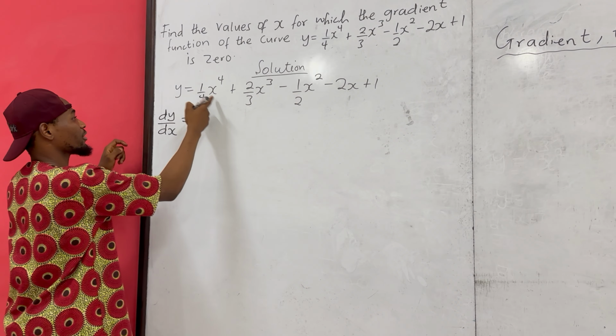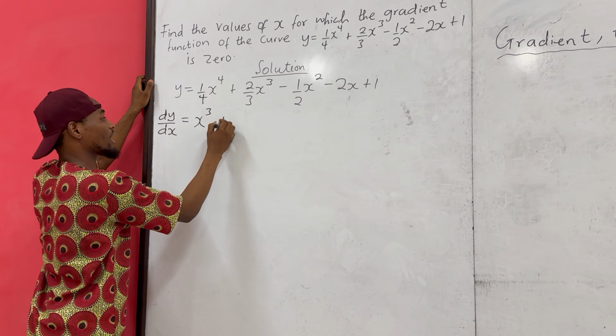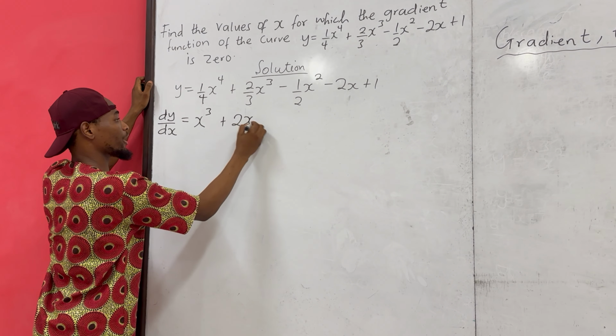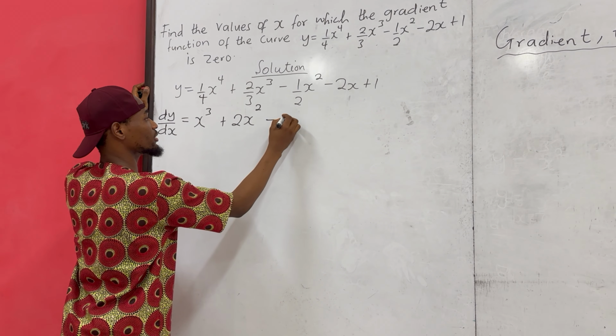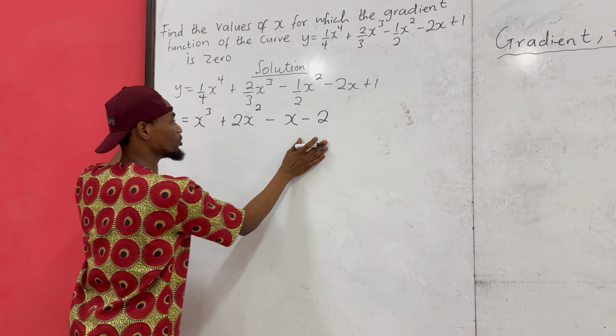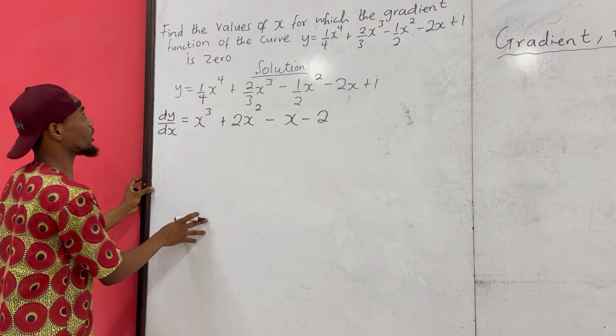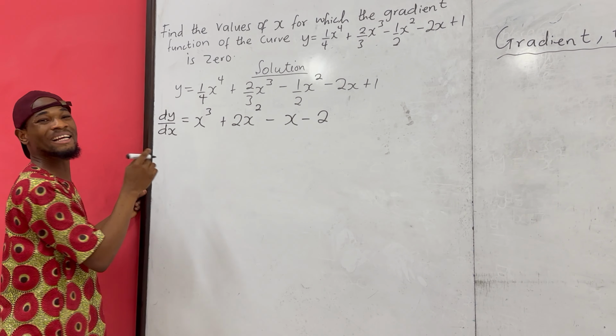So I'll have x to the power 3 plus 2x to the power 2 minus x minus 2 this way.